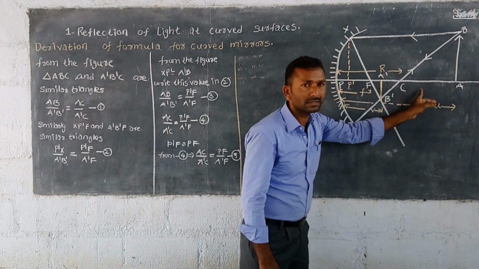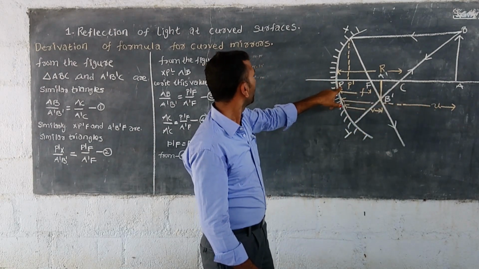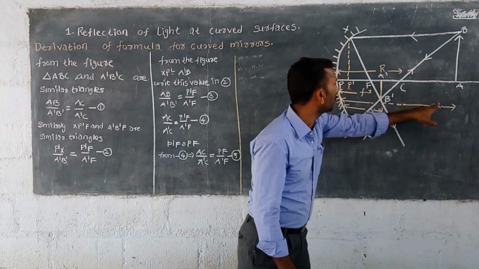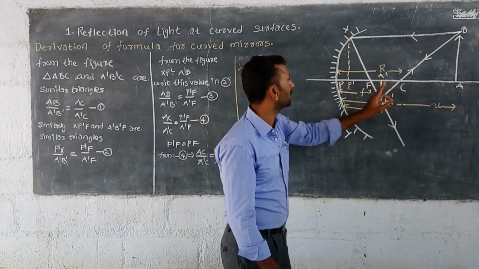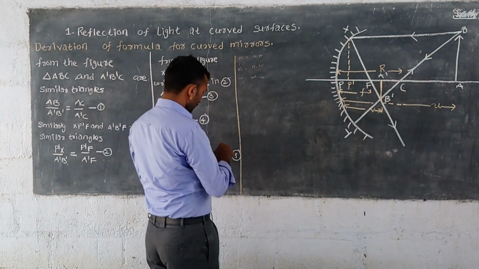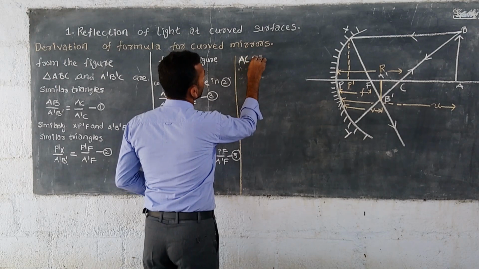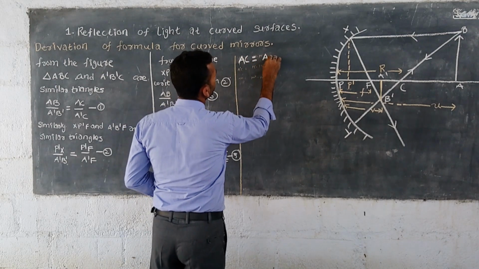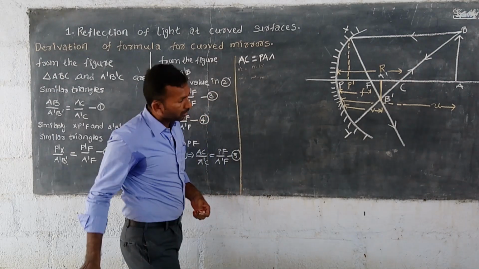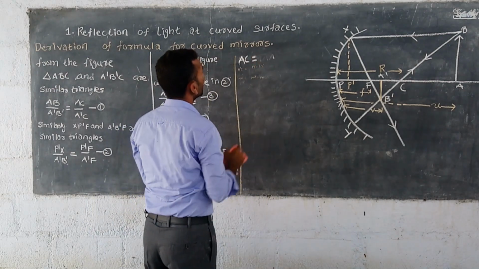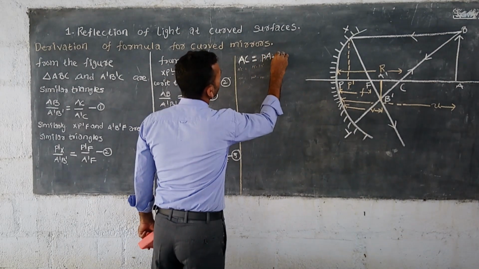What is AC here? The AC value is not mentioned, so we can subtract from the total PA, which we know is u, the value PC. So AC equals PA minus PC.